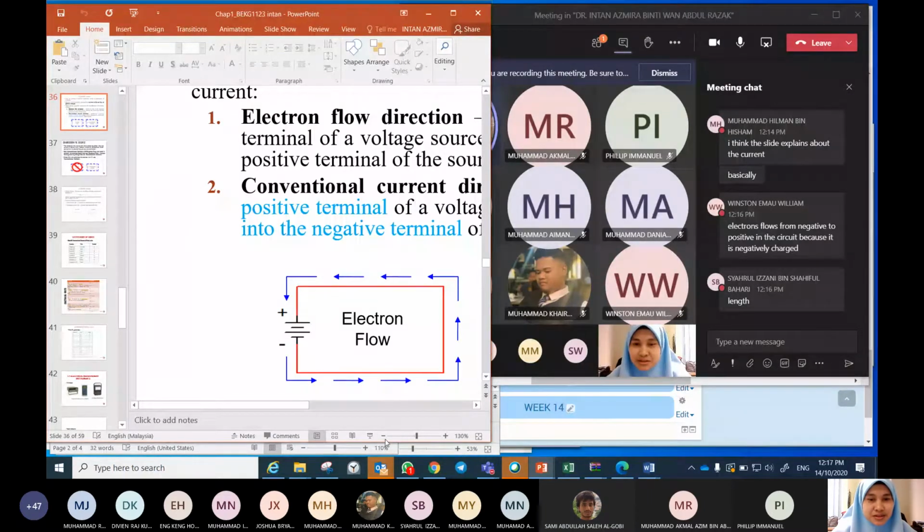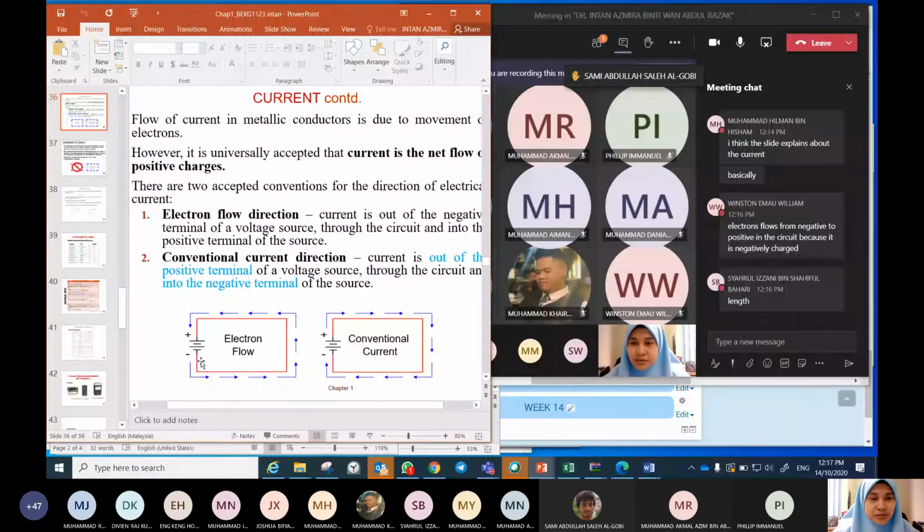So the first convention, current is out of the negative. Current flows from the negative terminal to the positive terminal. This is electron flow direction. Electrons flow from negative to positive terminal.